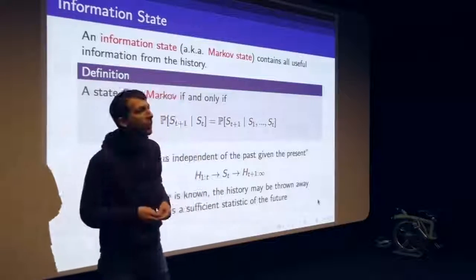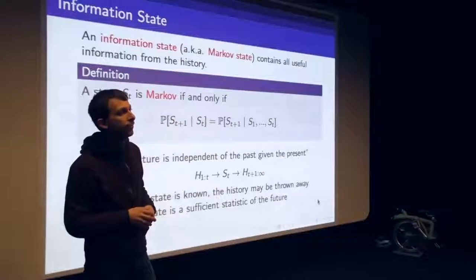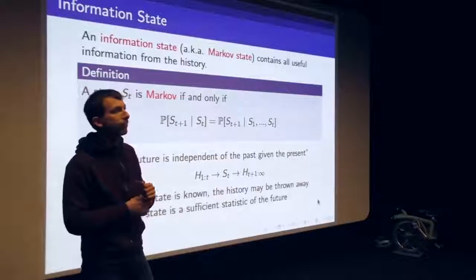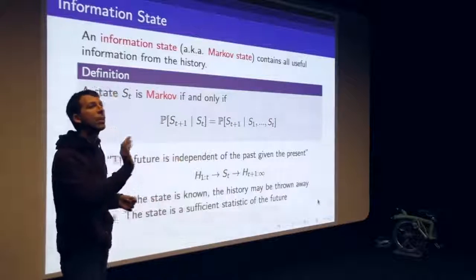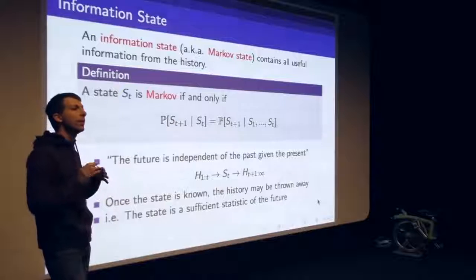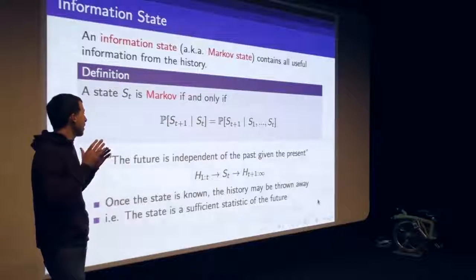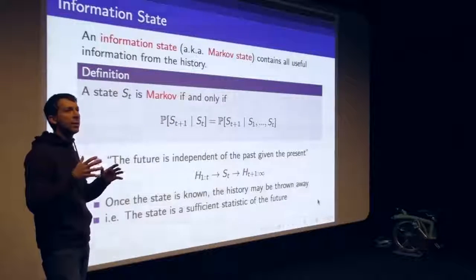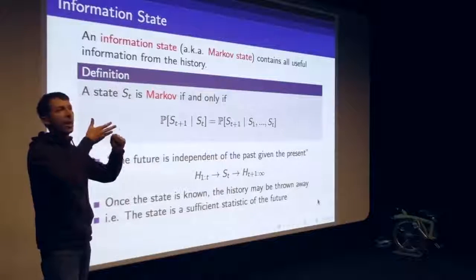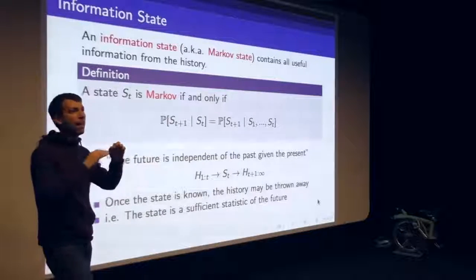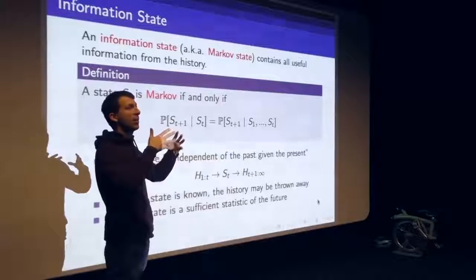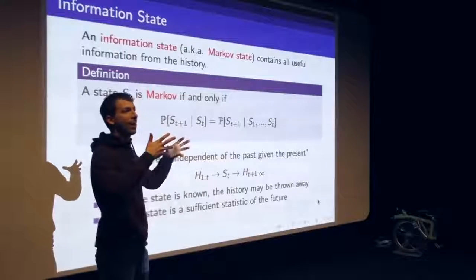Question: In your example of a helicopter, for instance, clearly where it goes next depends on where it was before. Okay, so how does this fit in with the helicopter example? A Markov state for the helicopter would be roughly the current position, velocity, angular velocity, and angular position of the helicopter.